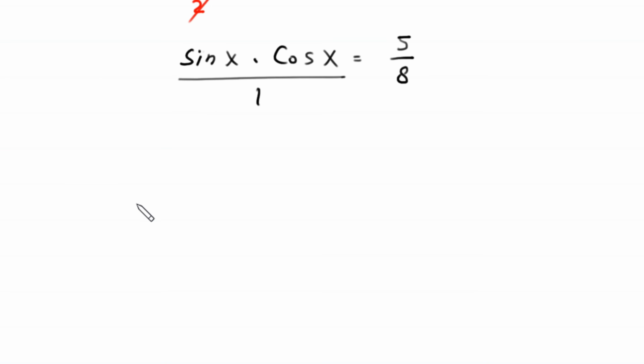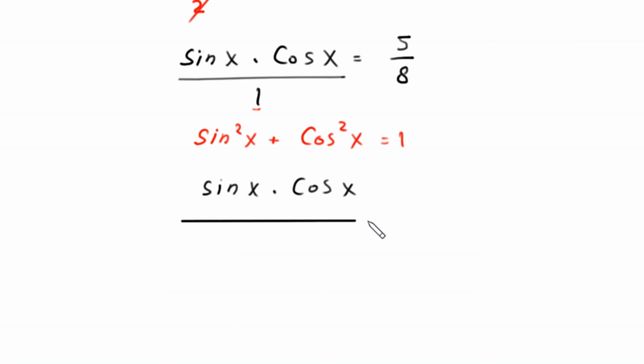And by using this trigonometric identity, sin squared of x plus cos squared of x equal to 1, we replace this 1 with this expression. So this will become sin of x times cos of x divided by sin squared of x plus cos squared of x, equal to 5 over 8.